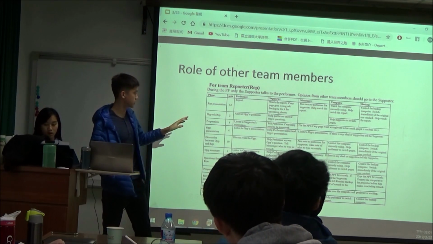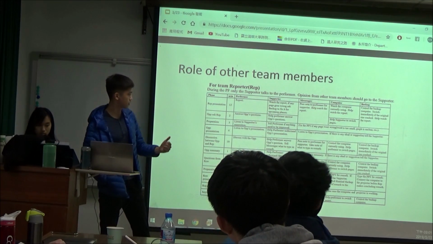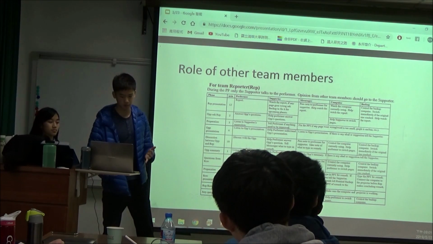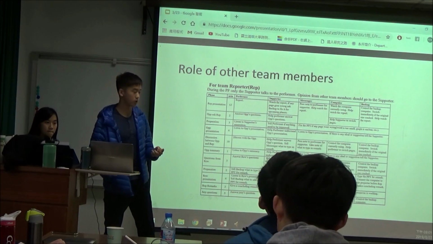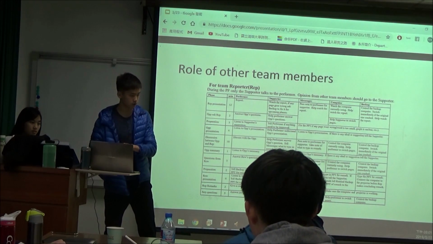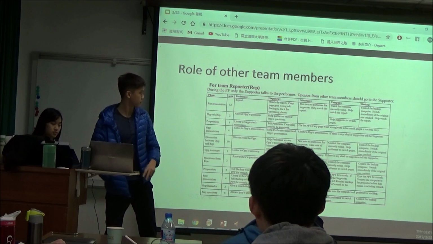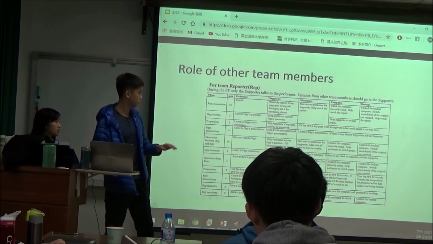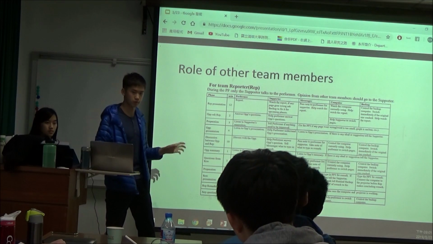But the basic idea is that you have a performer, a supporter, a messenger, a computer, and a backup person. The computer and backup are in charge of the PowerPoint, and they control both the computer that's currently being used and the backup computer. Then you have the messenger that helps with communication between all these different team members. You have the supporter, who's basically the second performer.